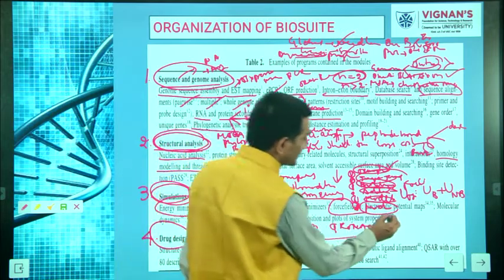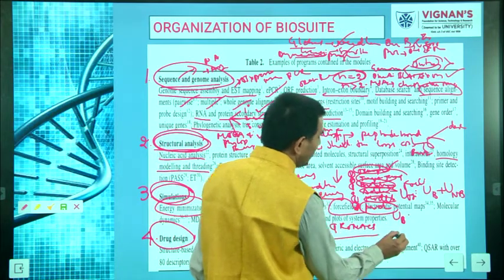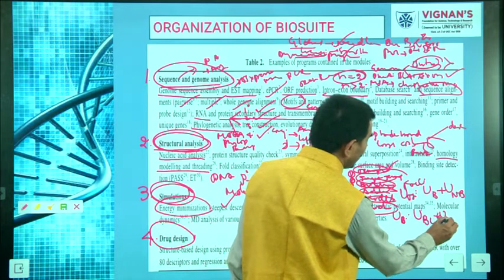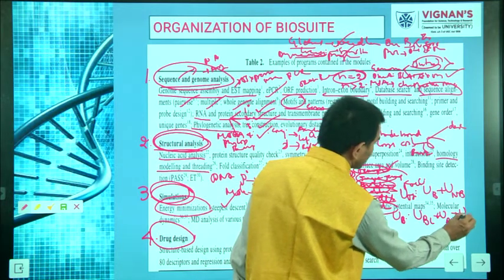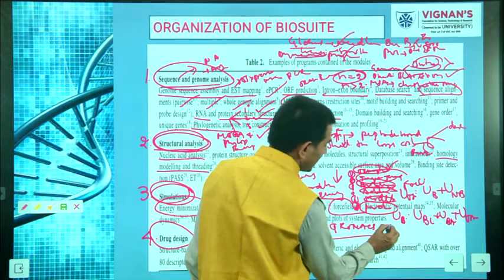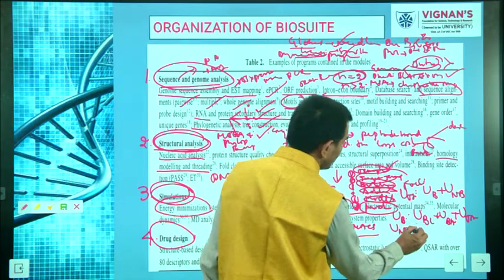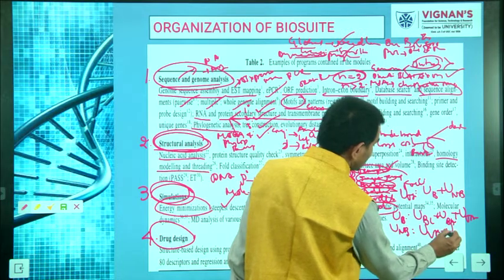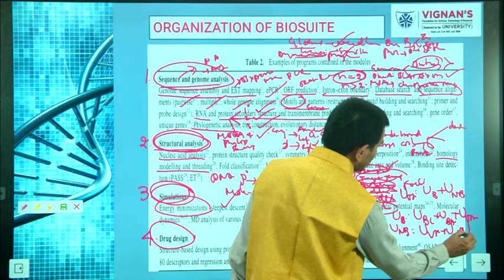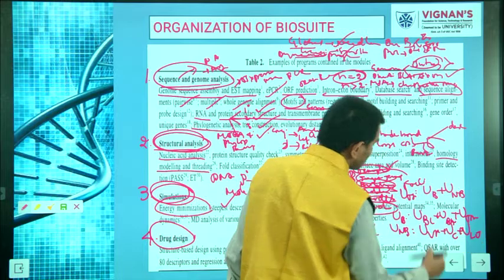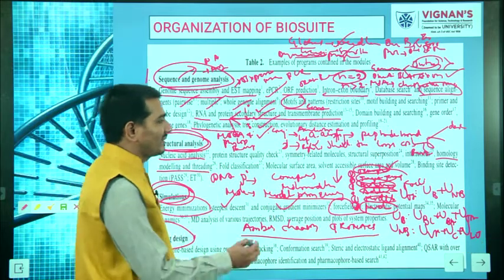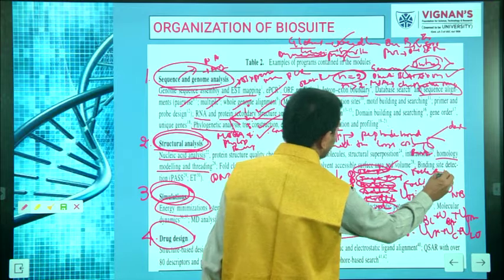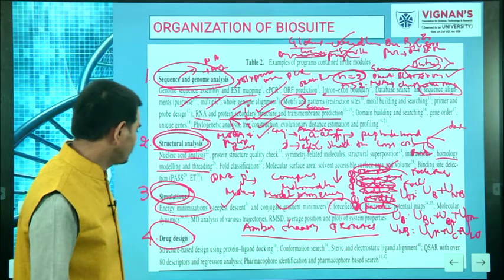Bonded interactions mainly include energy because of bond length, bond angle, and torsion. Non-bonded interactions mainly include energy because of van der Waals forces, Coulombic interactions, and Lennard-Jones potential. If you represent this in the form of a mathematical equation, that is nothing but the force field. That is the concept of force field.